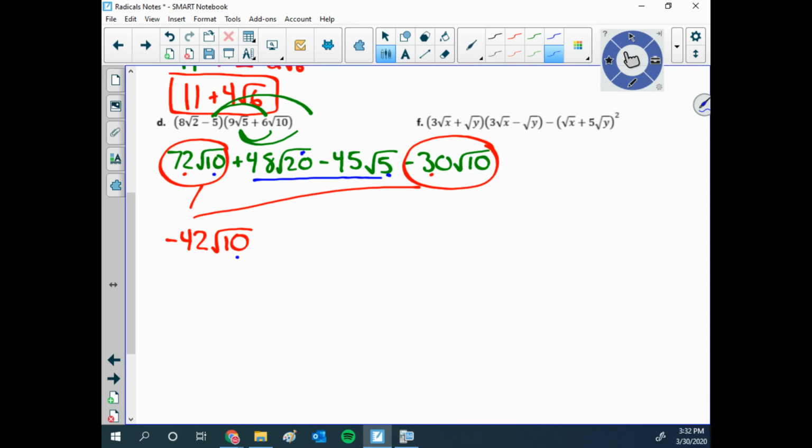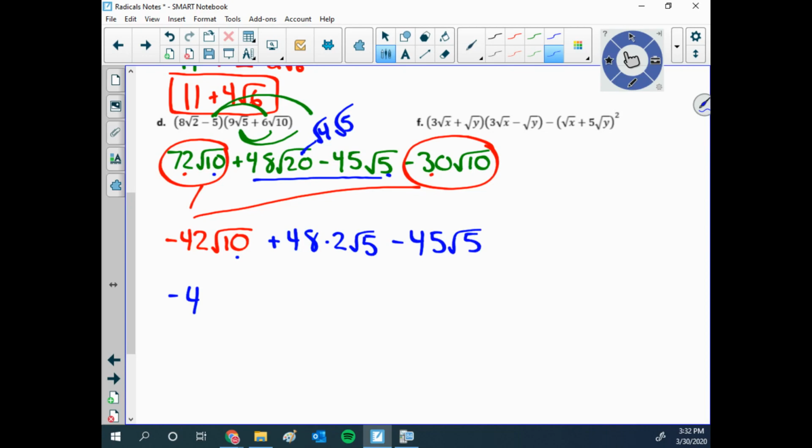I know off the top of my head that root 20 can be factored into root 4 times root 5. So this becomes plus 48 times 2 root 5 minus 45 root 5.